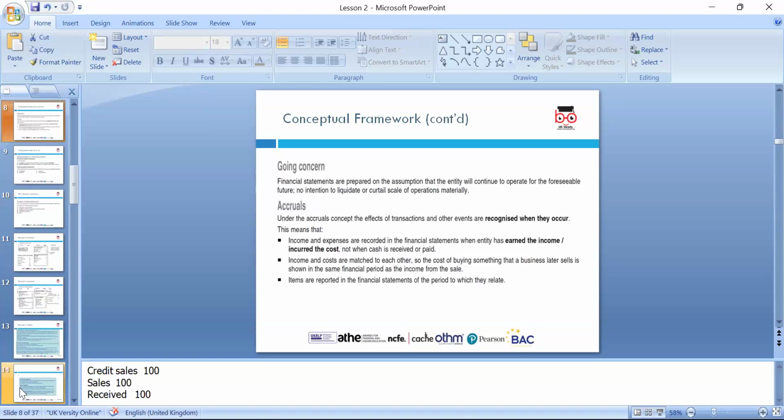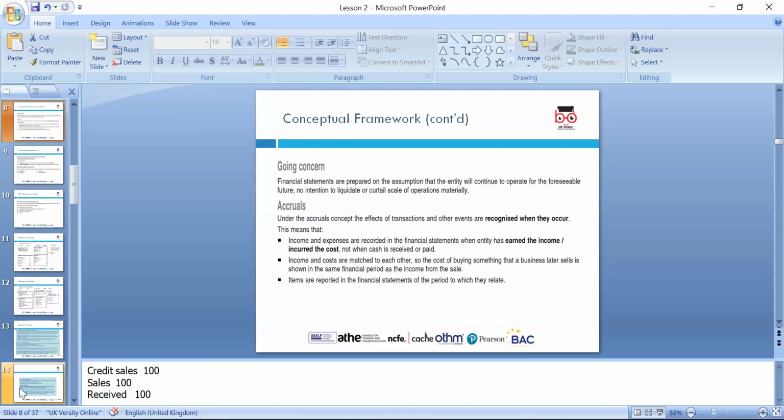Going concern: the financial statements are prepared on the assumption that the entity will continue to operate for the foreseeable future, with no intention to liquidate or curtail the scale of operations.